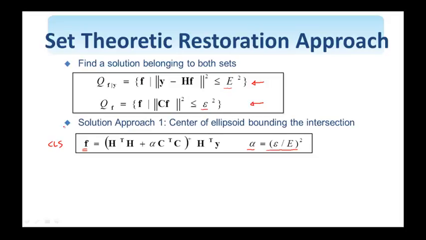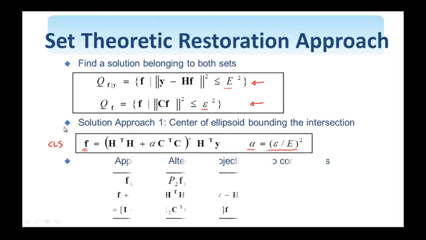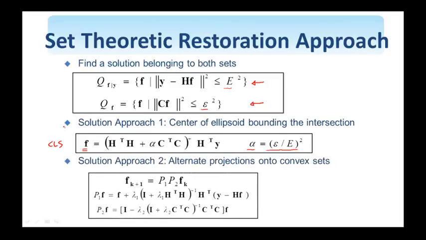The second approach we discussed is the projection onto convex sets. So if I follow this, I have two sets. The first one is set 1. So this is C1, this is C2. And this is the projection of an image f onto the first set, P1, given by this expression.